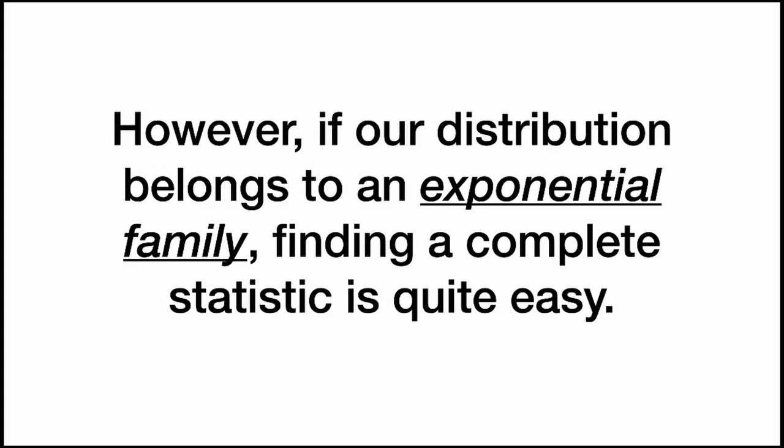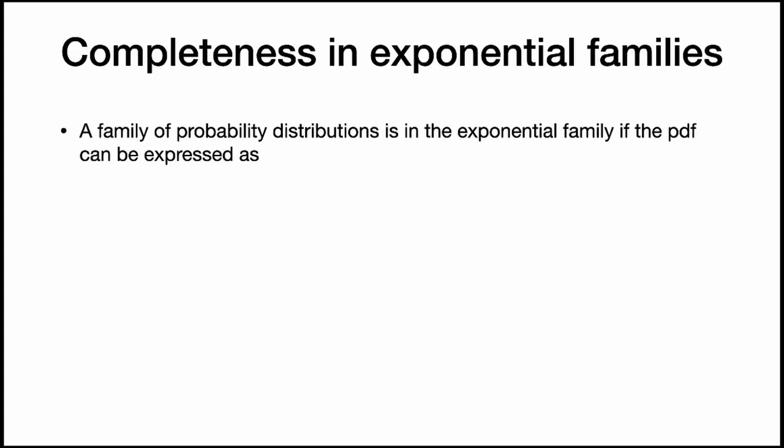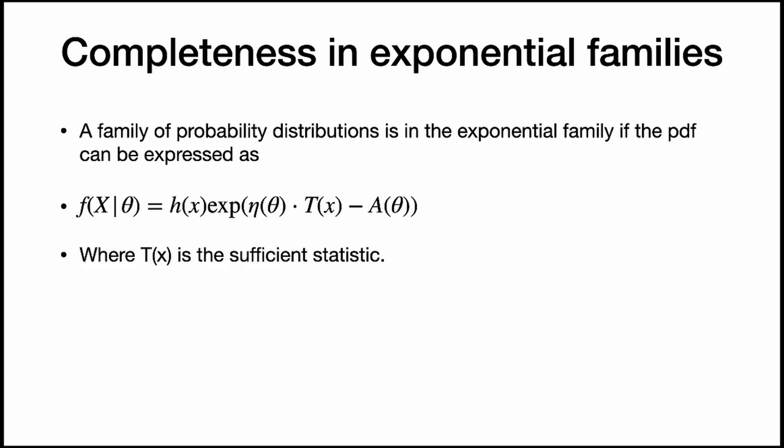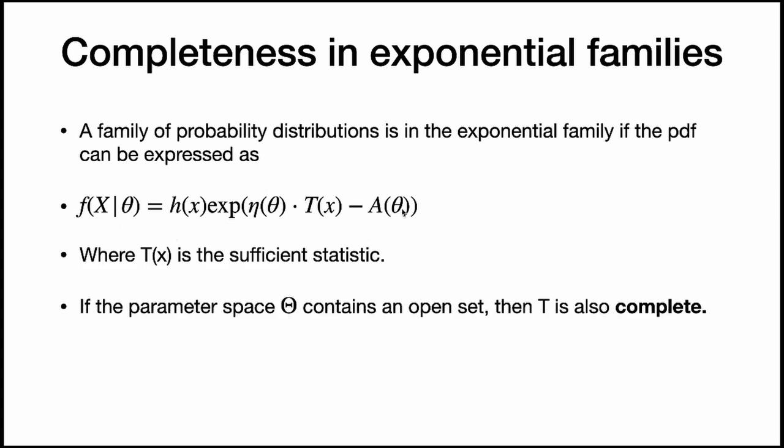However, if our distribution belongs to an exponential family, finding a complete statistic is quite easy. We have all these distributions that belong to what we call exponential families, where the PDF can be expressed in this form. Most distributions that we're familiar with belong to this: not the uniform distribution, but the normal, exponential, binomial, gamma, and many, many more.